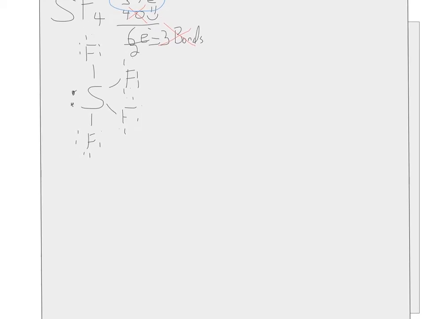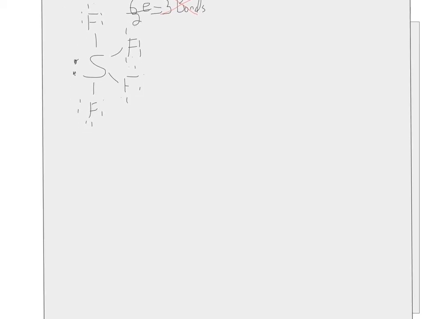Those shapes are really important because they are the foundation for polarity. So polarity is going to have molecules with uneven electron distributions.